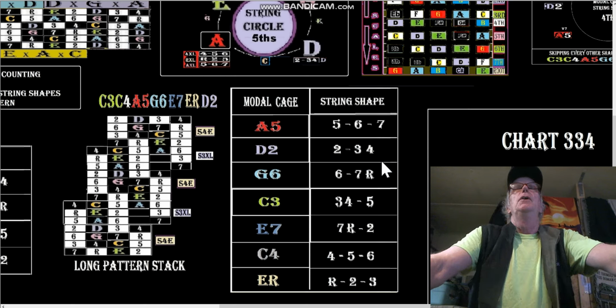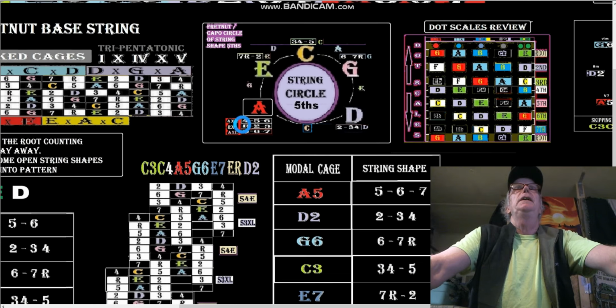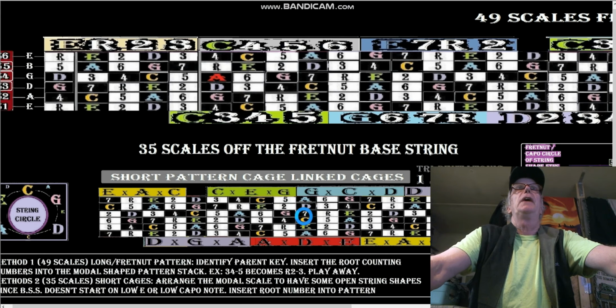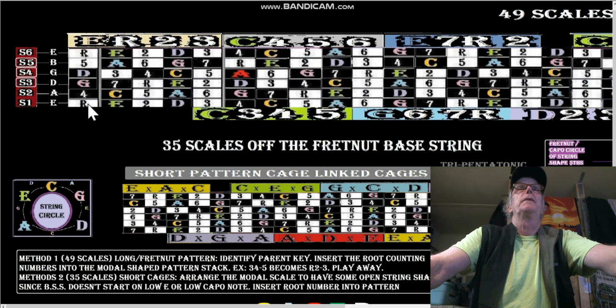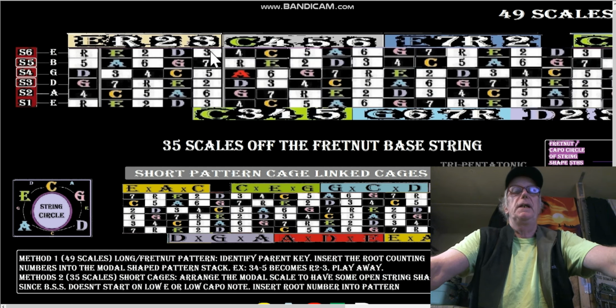Because we want those keys to have a scale value on the fret nut here, or over here where you are. There's your third. That's E, A, D, G, B, and E again in the key of C.